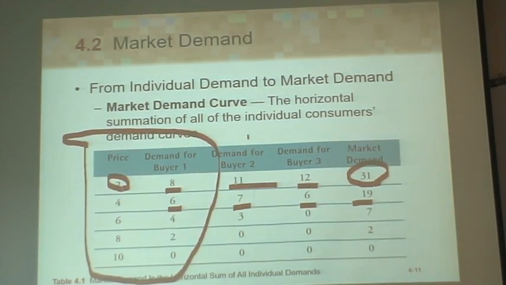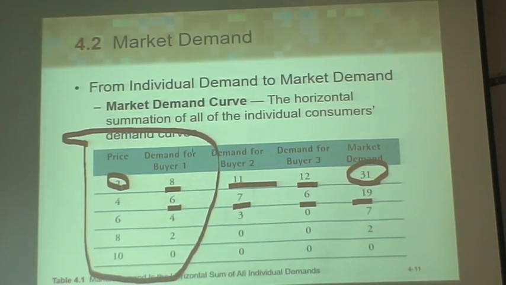The 3 persons have their own different demand. Person 1 probably has more income, right? So at a higher price, he's still willing to pay. At $6, person 1 purchased 4 units, and person 2 purchased 3 units.